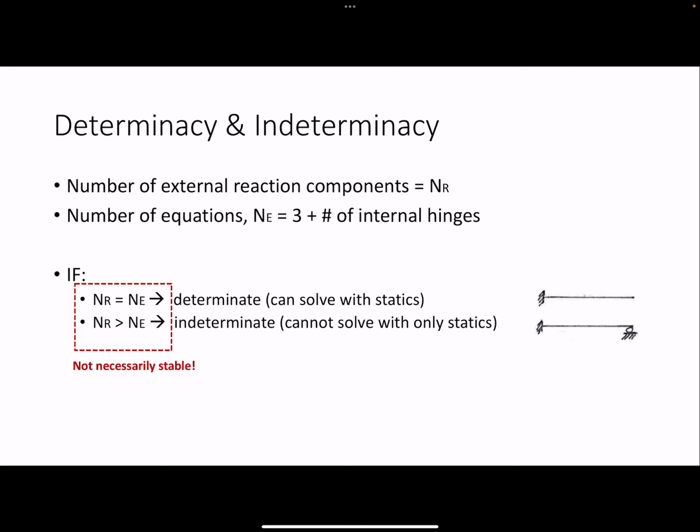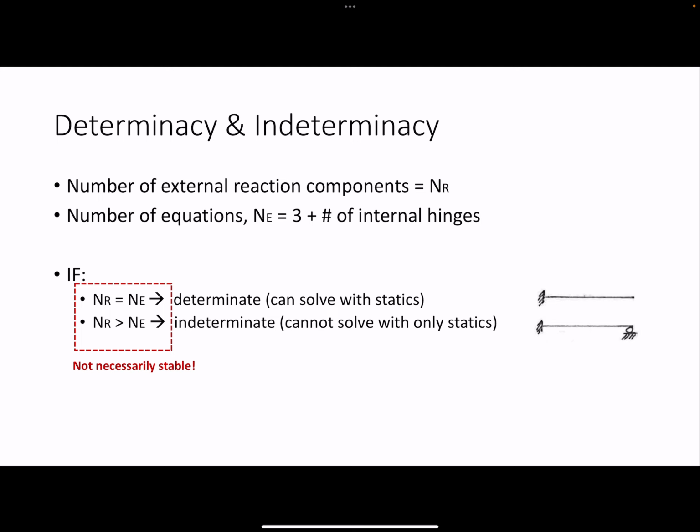It's also important to remember that if your structure is determinate or indeterminate, that does not necessarily mean that it's stable. Stability is a separate thing that we have to evaluate. These two examples of a determinate and an indeterminate beam are both stable.